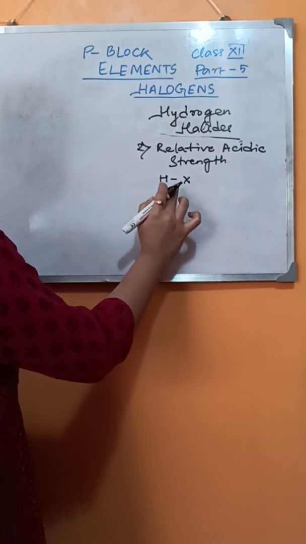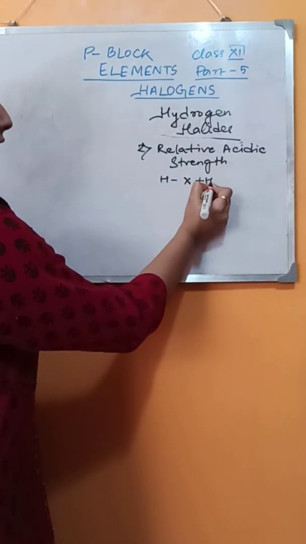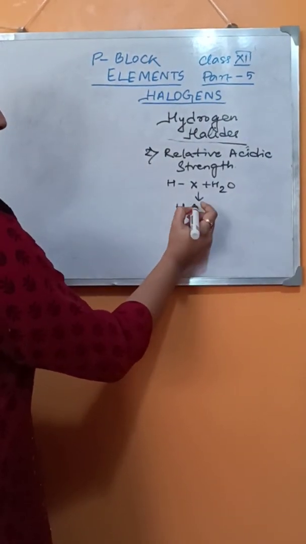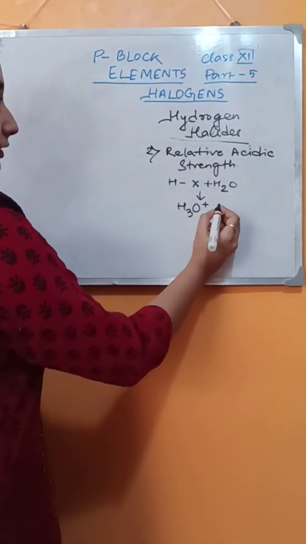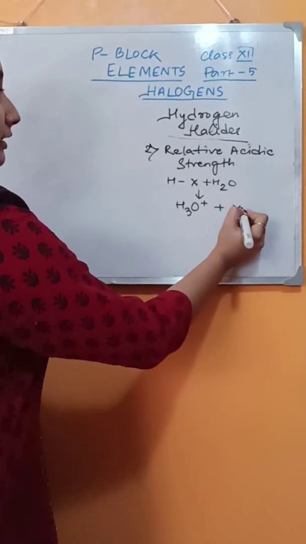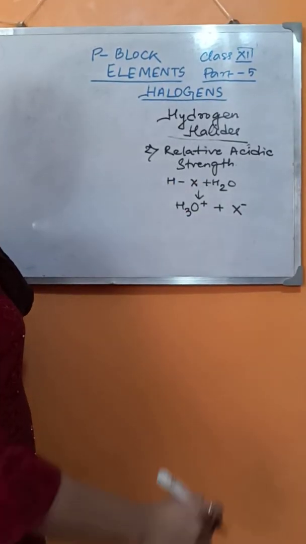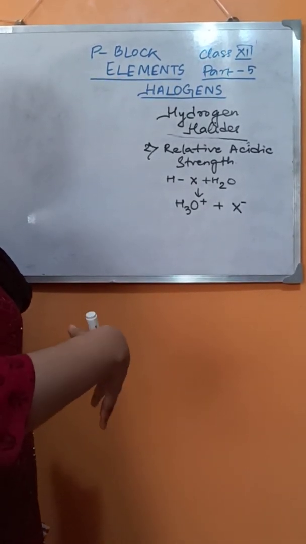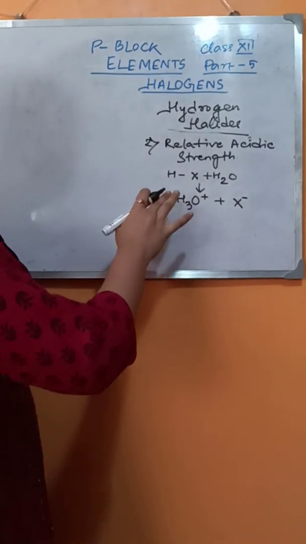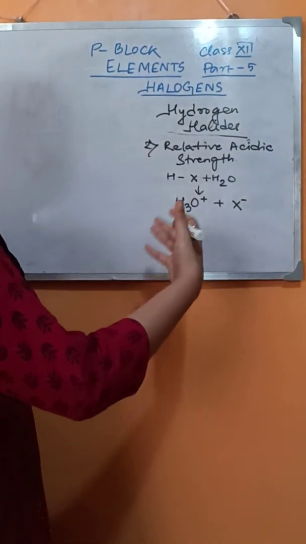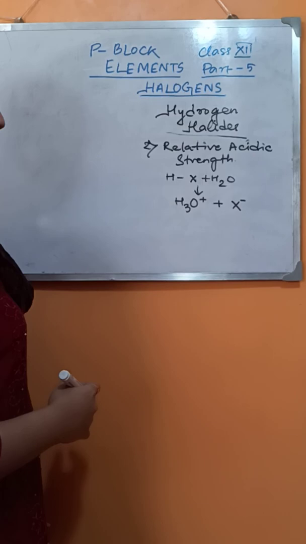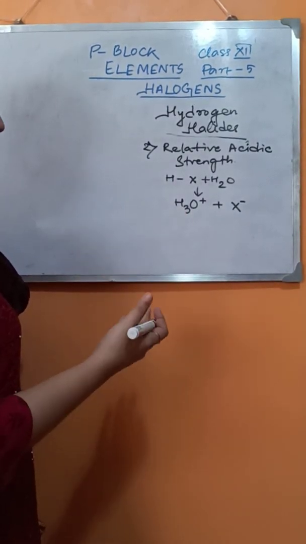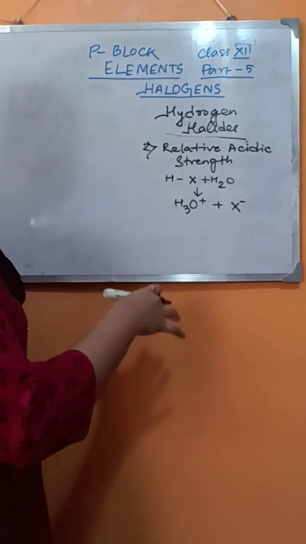As hydrogen halides are soluble in water, they dissolve in water and ionize into H3O+, and along with that X-, the halide ion. Now, the faster the H+ is ionized, the faster H3O+ will be formed, and the acid strength of that halide will be the most for whom the H+ is easily ionized.